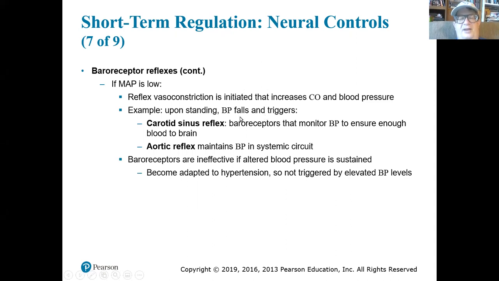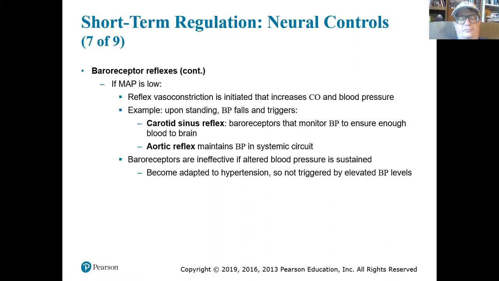Examples, if you're standing up, your blood pressure is going to drop a little bit, and this will trigger the carotid sinus reflex. The pressure receptors that monitor blood pressure will say, hey, we need to send more blood for the brain. And the aorta has the aortic reflex that also maintains blood pressure.